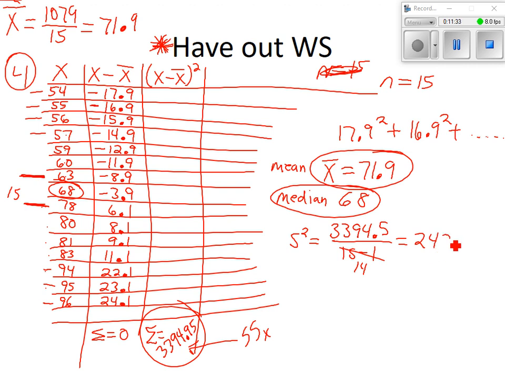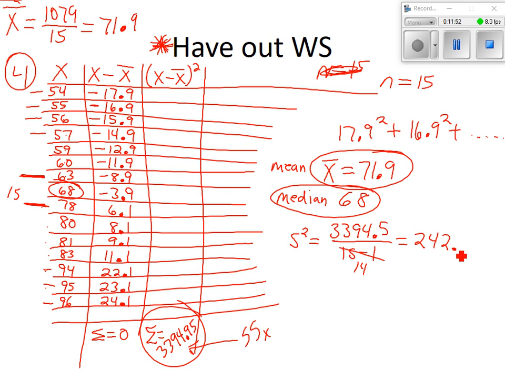So then what? 242.46? 242 point what? 464? Anybody else get that? Let's make sure. Everybody divide it again, because if we get different answers. I just got the decimal wrong, I got the 242 right.